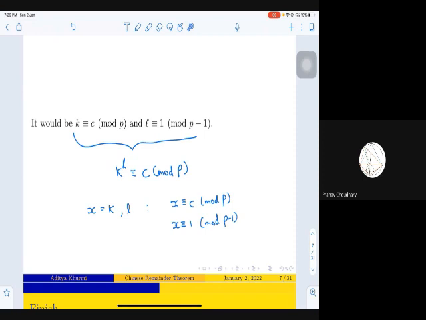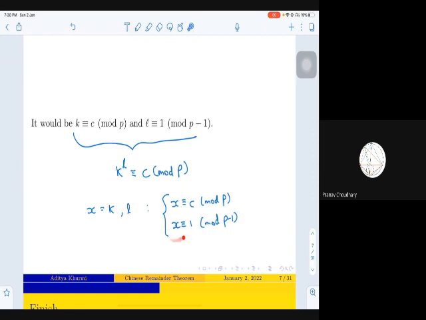If some x satisfies both of these conditions, then you would have x raised to x is congruent to c mod p. And so this is our idea. If we can find a solution to this system of equations, then we basically have found an x such that x raised to x is congruent to c mod p.